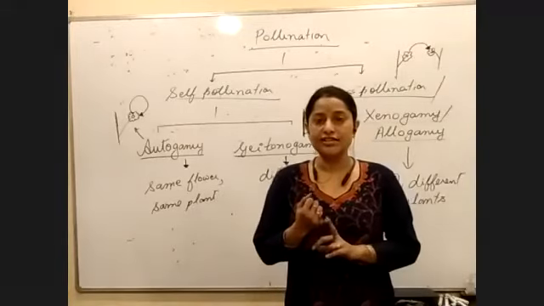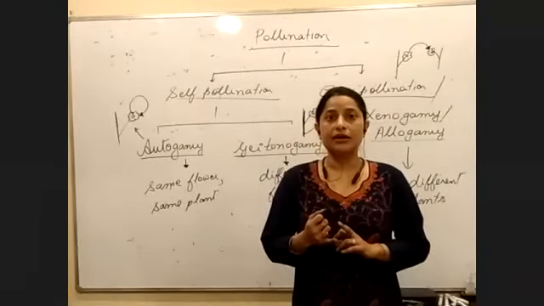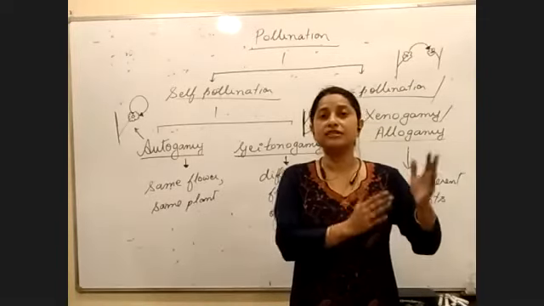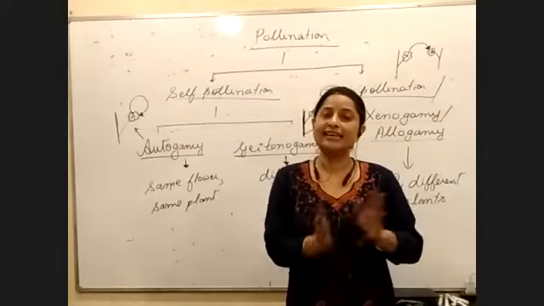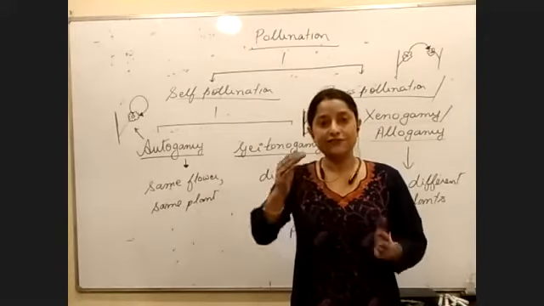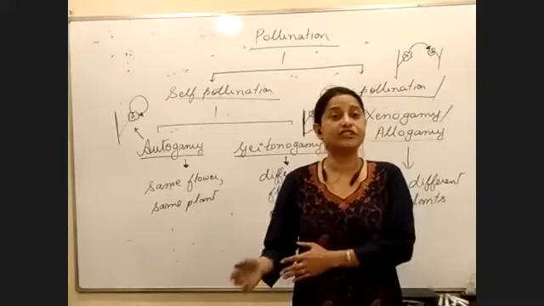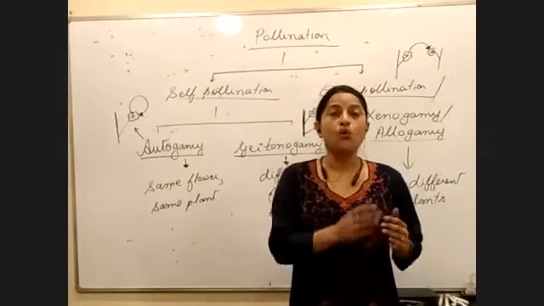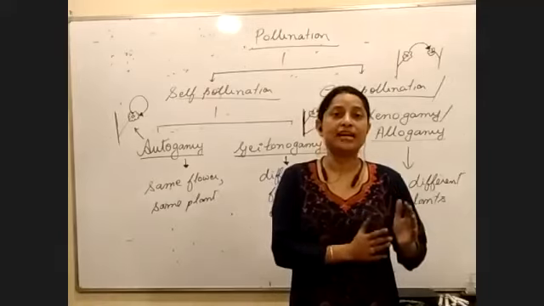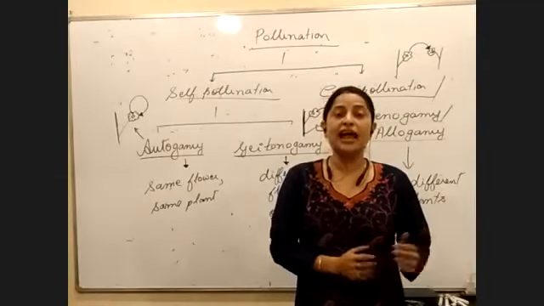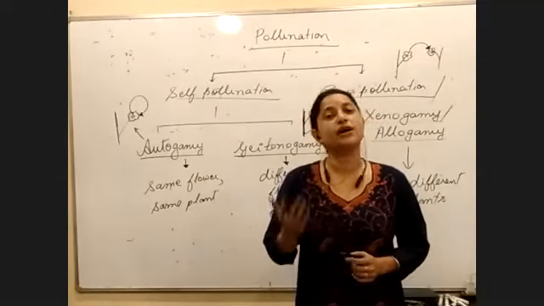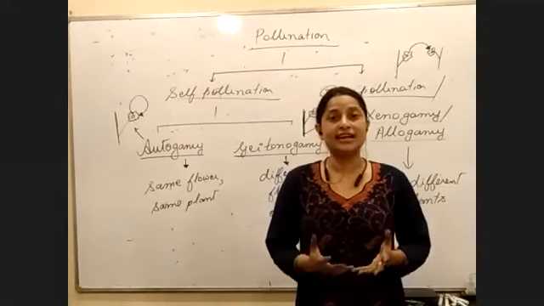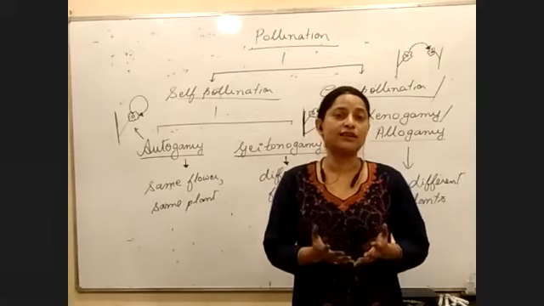Plants have certain conditions, right? If a plant shows certain types of conditions, then it will undergo self-pollination. If it has some other conditions, then it will undergo cross-pollination. So we have to talk about what conditions help a plant undergo self-pollination and what conditions help it undergo cross-pollination. All of a sudden, the plants cannot decide that they want to undergo self-pollination.